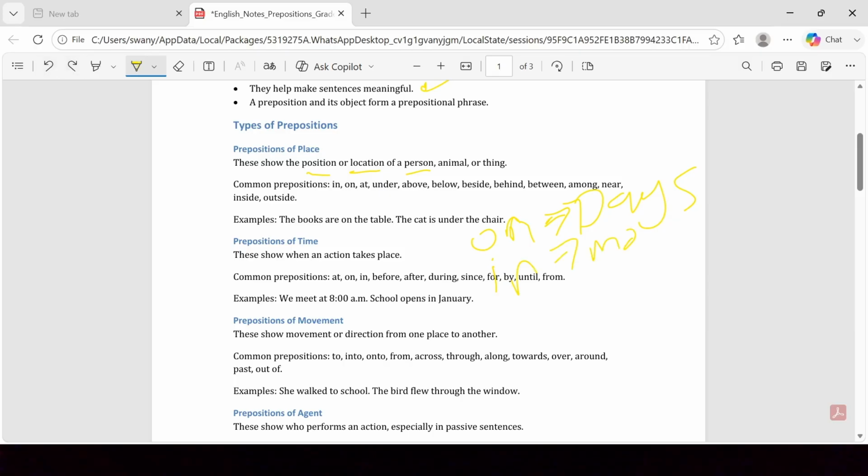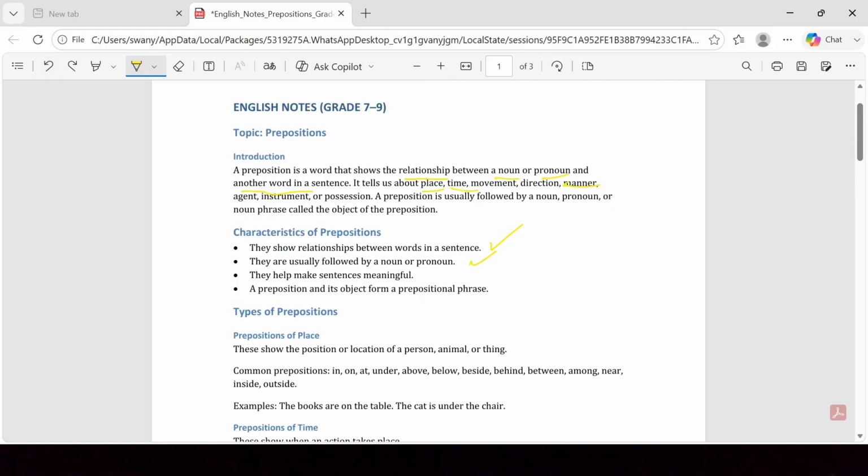In is a preposition of time used to show the year, or even the month. In the month of December, in the December holiday. On is used to show days. On Friday, on Saturday, on Monday I did my homework.